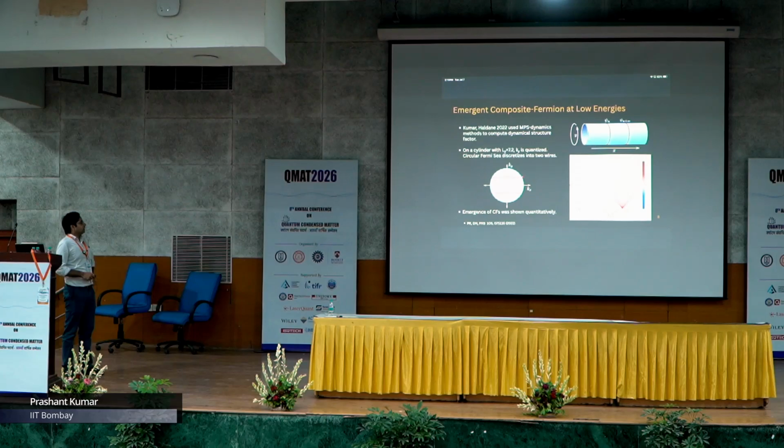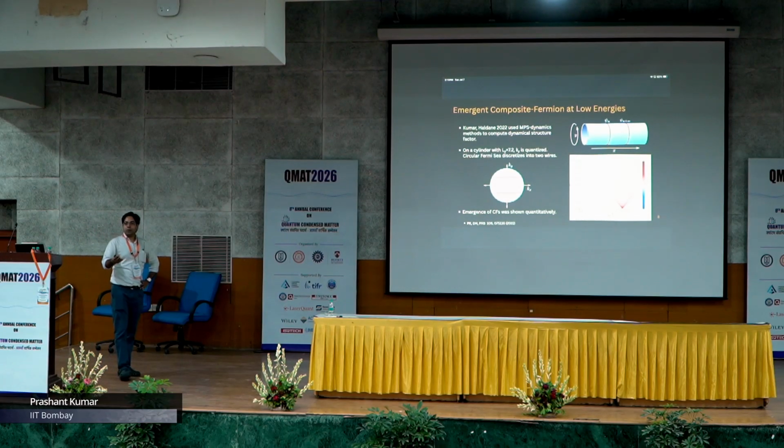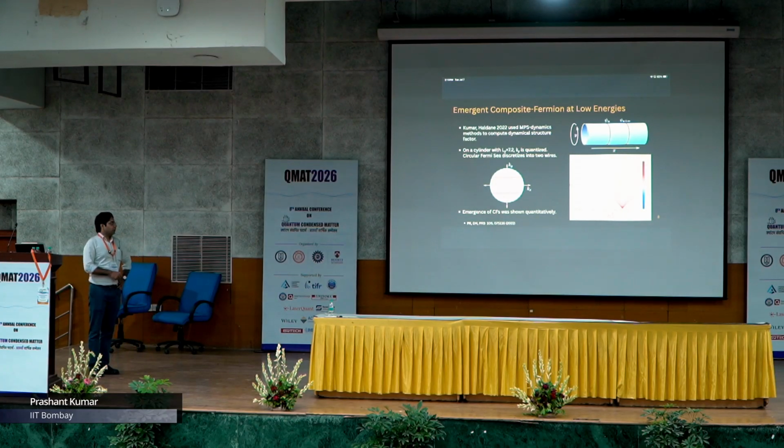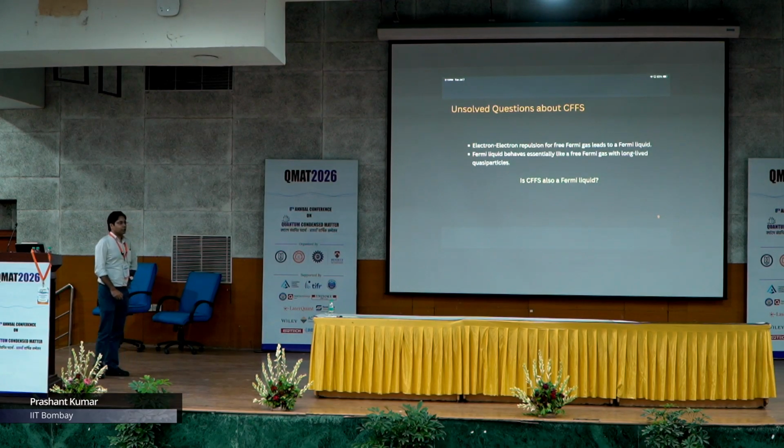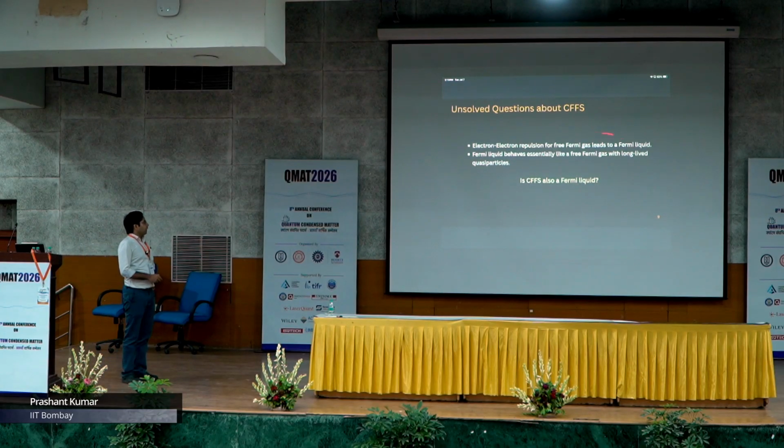So you see these 2 wires, the Fermi sea splits into just 2 wires, and using these 2 wires and some prescription from composite fermion theory on how different operators look, you can understand this spectrum quantitatively. So this work showed that composite fermions can indeed emerge at low energies as a good description of the system.